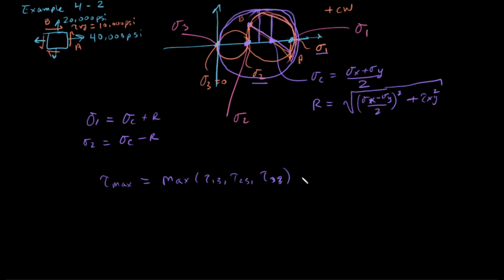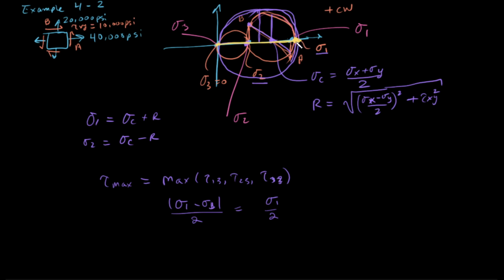Okay, and that maximum is going to be the absolute value of sigma 1 minus sigma 3 over 2, which in this case is just equal to sigma 1 over 2, and that gives us the radius here, because this is this line from the origin all the way to sigma 1.